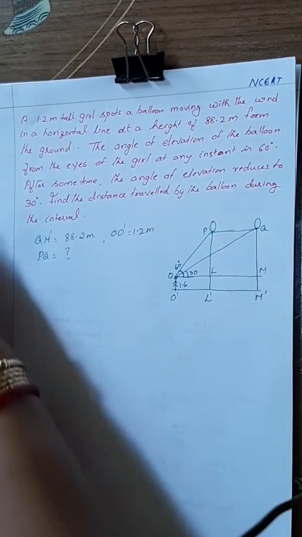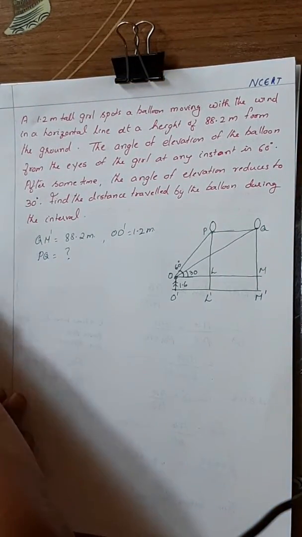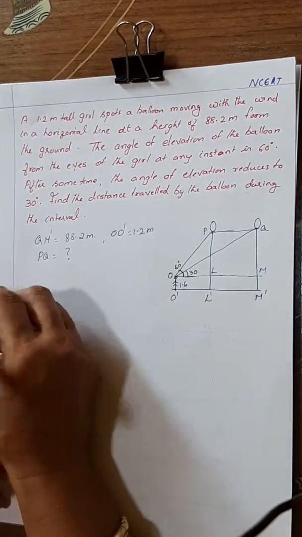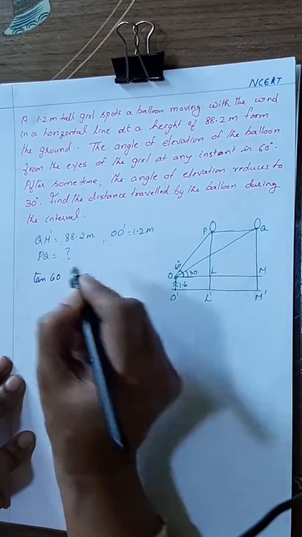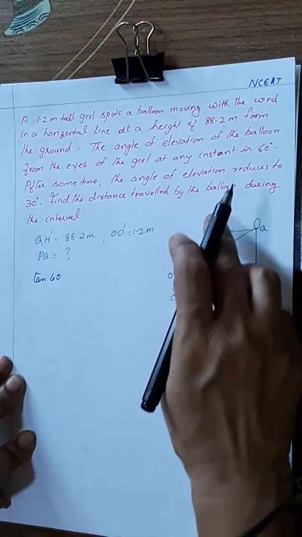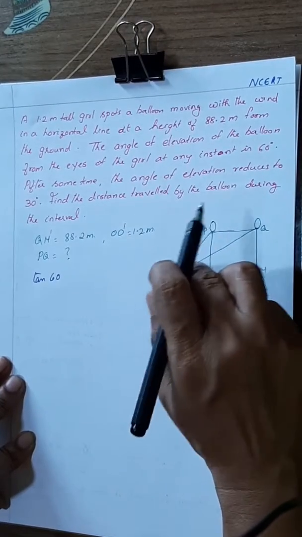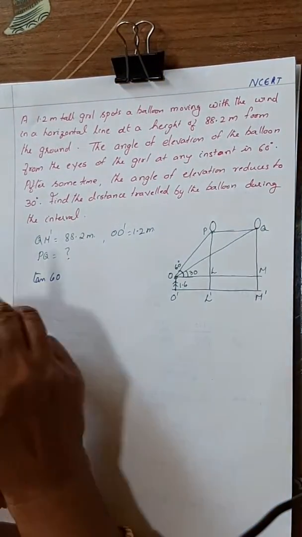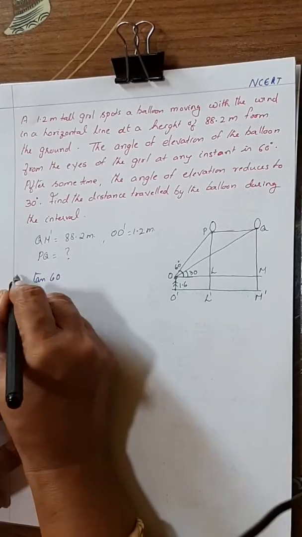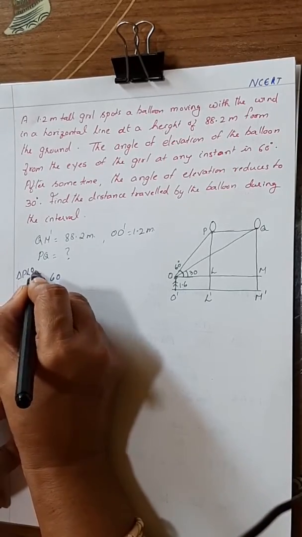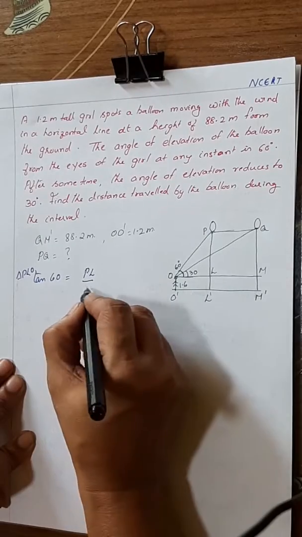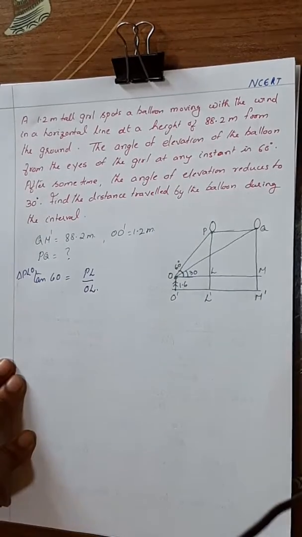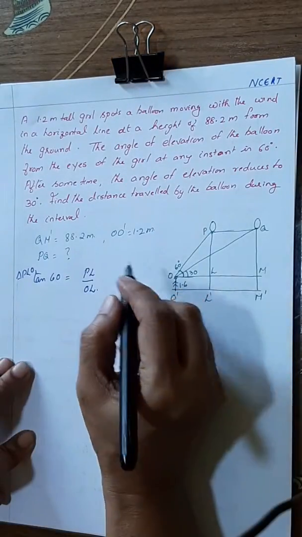So again we'll start with the same procedure. Tan 60 is equal to PL by OL. So in triangle PLO, tan 60 is equal to PL by OL. So tan 60 is root 3.